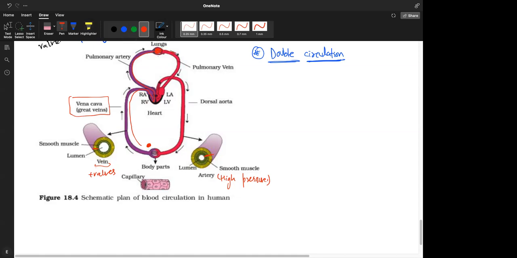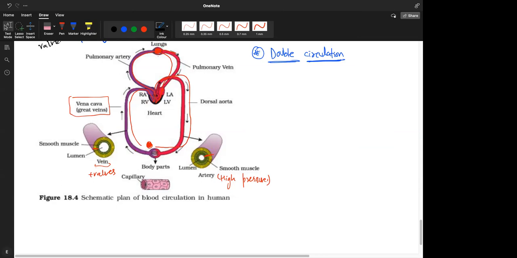Again, through the pulmonary vein, it will come and enter the heart, the left atrium. Go to the left ventricle, and then from the left ventricle, it will go out and will finally reach the same place from where it started the cycle, correct? So in one cycle, how many times does it enter the heart? 2 times. So that's why it's called a double circulation.